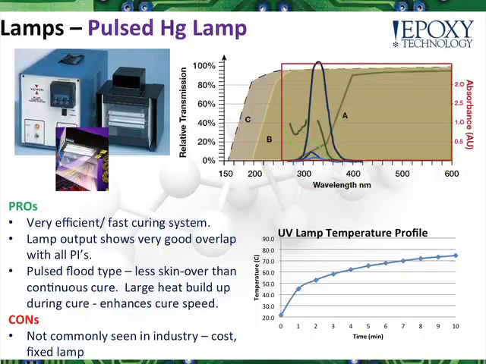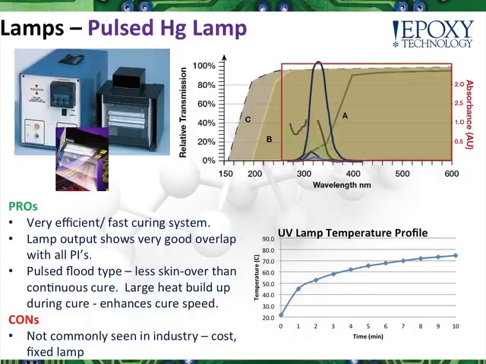Next, we have a pulsed mercury or pulsed xenon type lamp. These are very fast, very efficient curing lamps. In fact, the spectrum of output is very, very high overlap with all our photoinitiators.